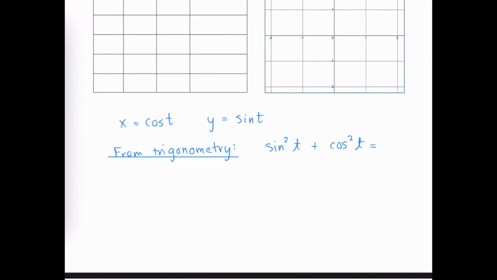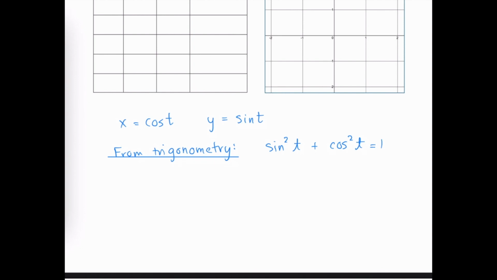To remove the parameter in these parametric equations, we don't try to solve for t. We actually employ the Pythagorean identity that involves sine t and cos t. We know from trigonometry that sine squared t plus cos squared t is going to be equal to 1.